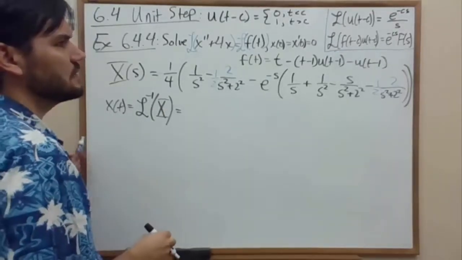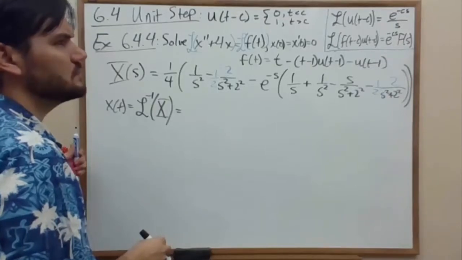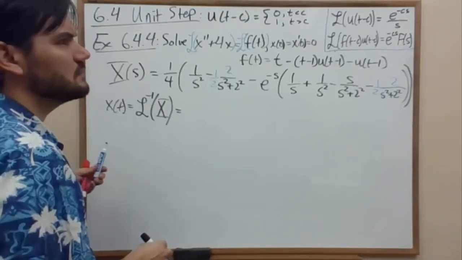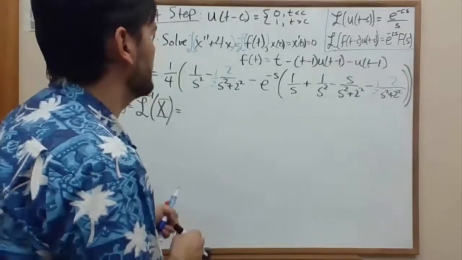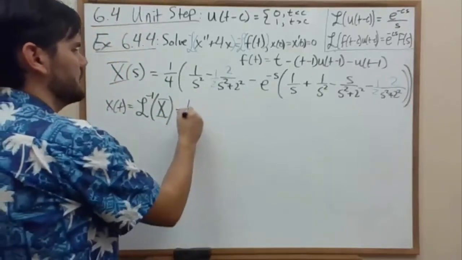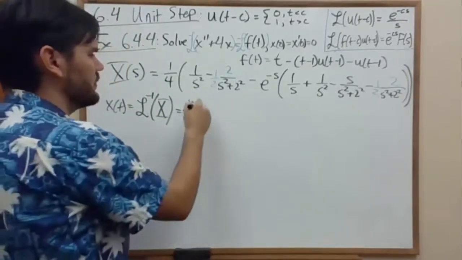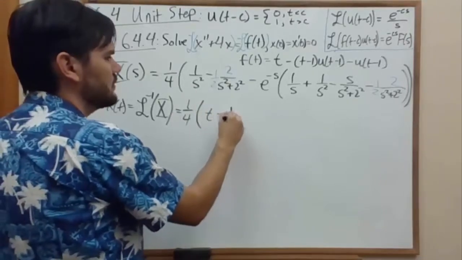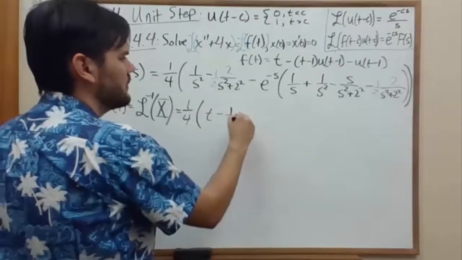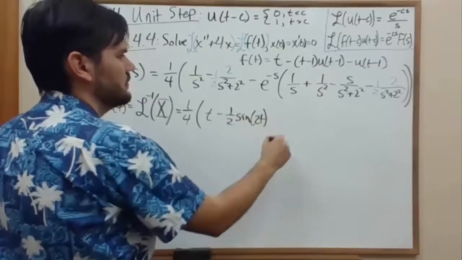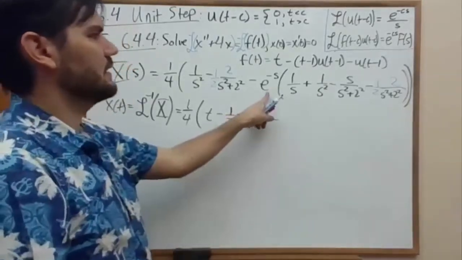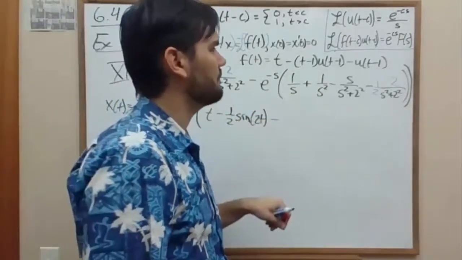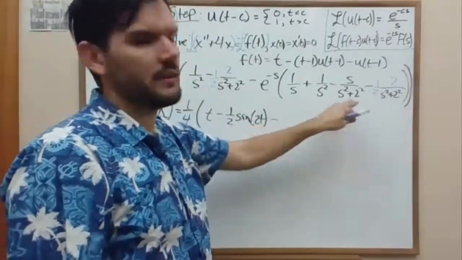So first, let's have that factor of 1/4 out. I have a t minus 1/2 of sine of 2t. And then I subtract this activation unit step times some other transform pieces.